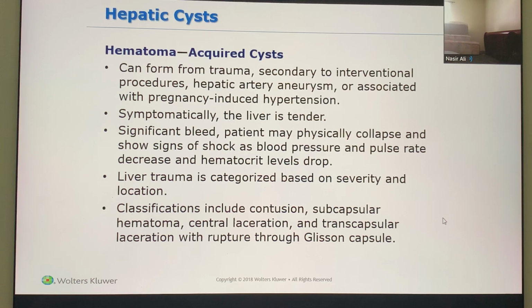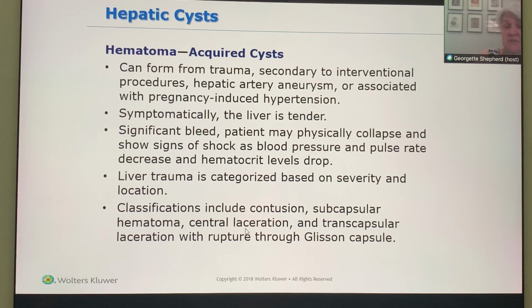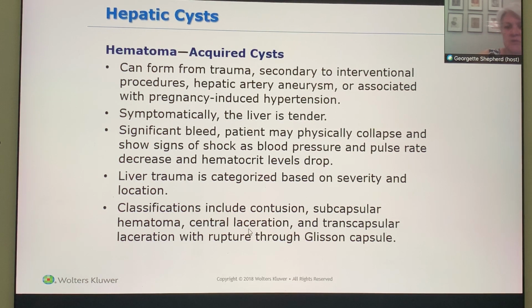There are several classifications for acquired hematoma. Contusion, subcapsular hematoma, a laceration, and a transcapsular laceration that has a rupture of Glisson's capsule.